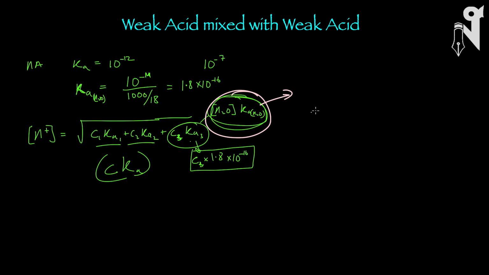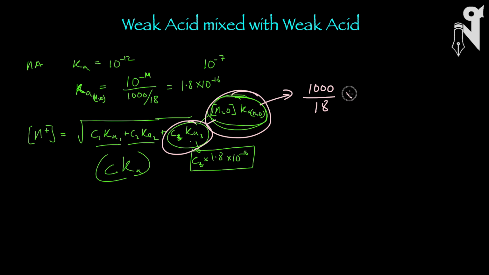So let me just calculate this part. If water is involved, then H2O concentration is always 1000 by 18. This is a very accurate calculation of the concentration of water when other things are quite dilute. When the solution is quite dilute, in 1 liter of the solution the weight of water is 1000, then this is the molarity of water times Ka of water.